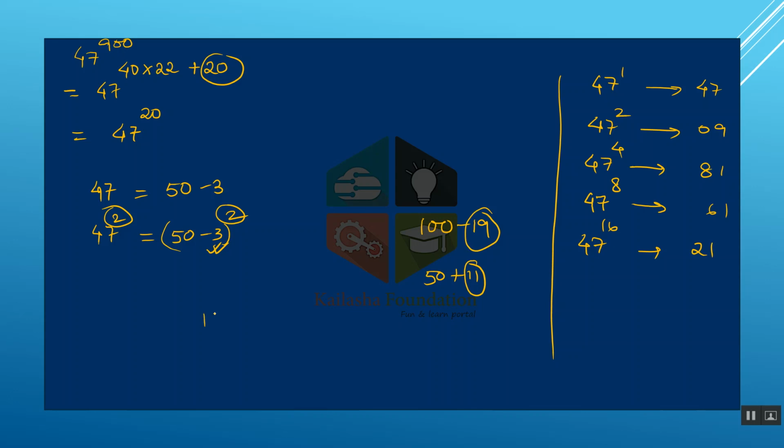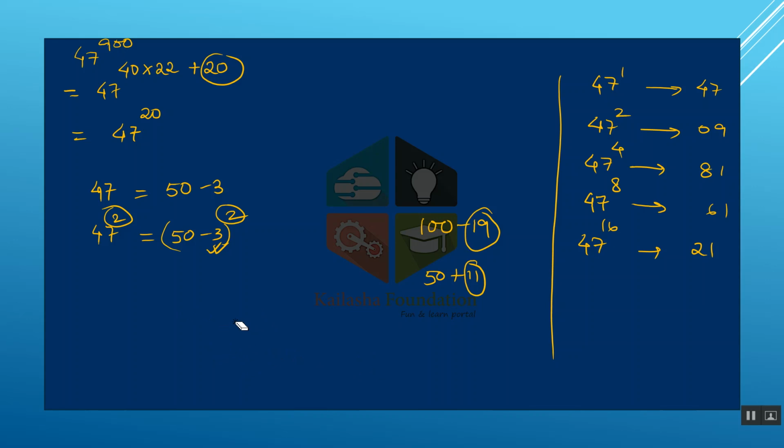Learn how it works. 100 plus minus r, or 50 plus minus r, or r. The last two digits of all these three will be same. In fact, let me be more clear.